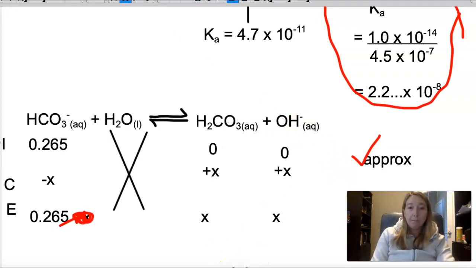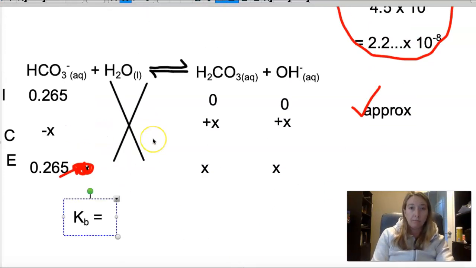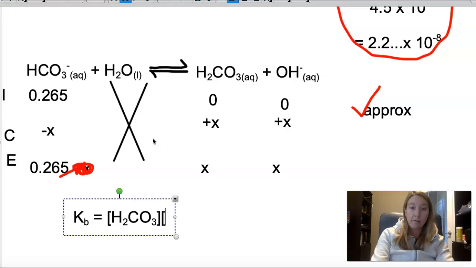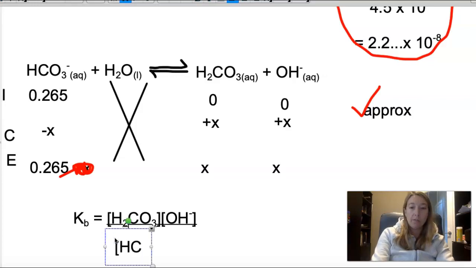Okay, so Kb expression. We're going to have that Kb is equal to the concentration of H2CO3. Oh, I forgot to underline that. I'll fix that in a second. Times hydroxide. And that is going to be over the concentration of HCO3 minus.